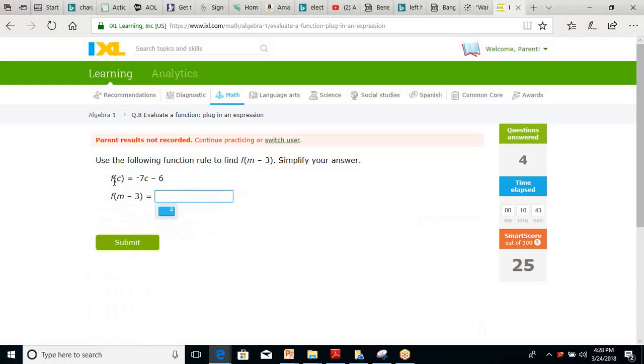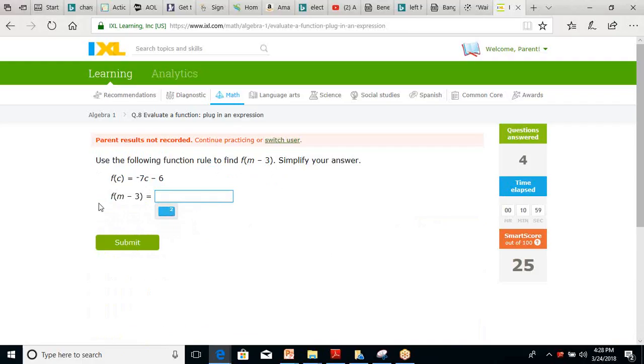Function of c is equal to minus 7c minus 6. But your c is actually m minus 3.